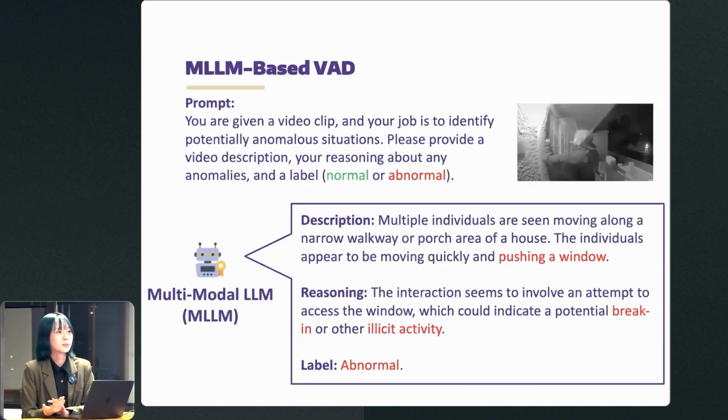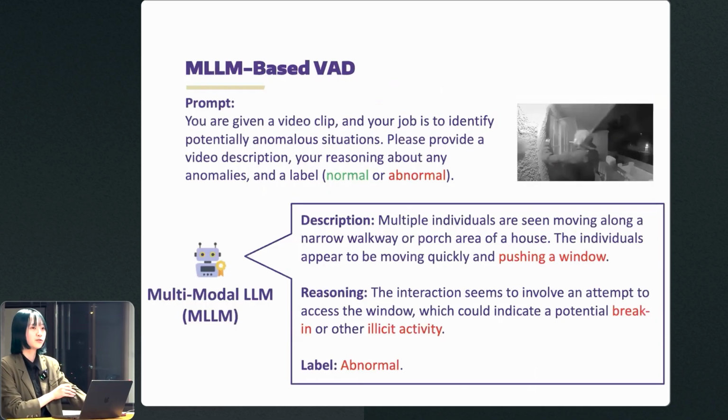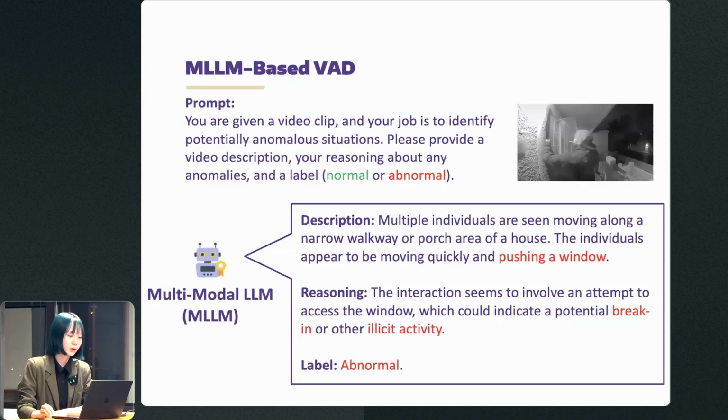Thanks to the development of large language models, especially multimodal large language models, we can use MLLM methods to do VAD, video anomaly detection. One very obvious advantage of MLLM is that it can provide real-time predictions compared with other traditional machine learning or deep learning VAD methods.